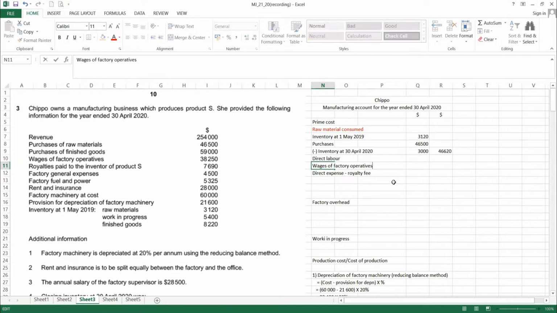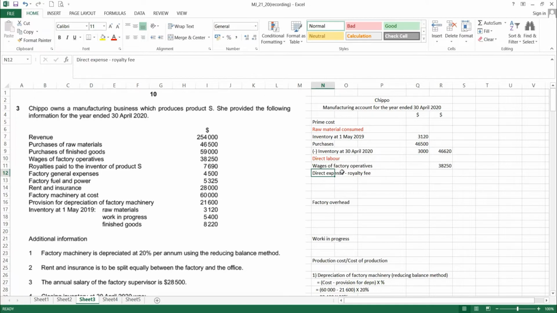So there is the direct cost. So this is under the direct labor section. Because it's only one item, no adjustment, anything. So we just straight away take the amount, 38250. Double check whether correct. Okay, the line is correct. Okay. So this is the direct labor section.